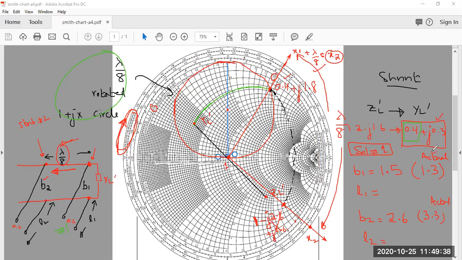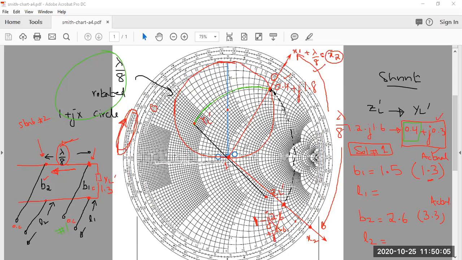Again, I will use the actual value, 1.3. So what are my expectations from stub number 1? Stub number 1 should provide me how much susceptance? 1.3. And it is open circuit. So first of all, you need to identify where the open circuit point is on the Smith chart, because this is admittance.